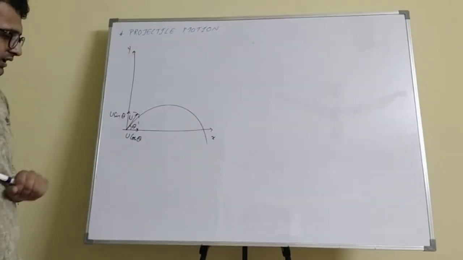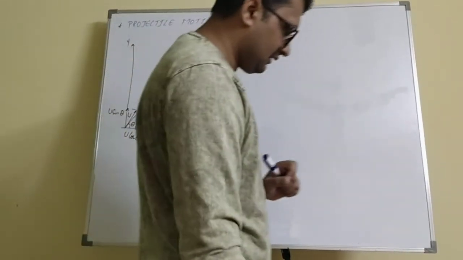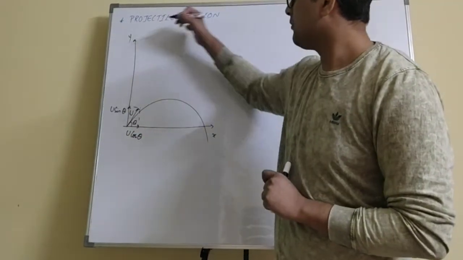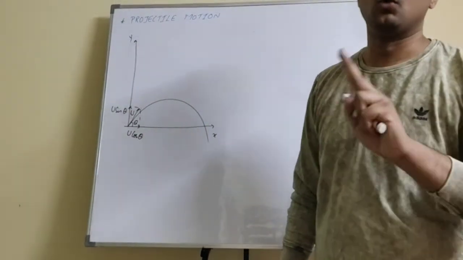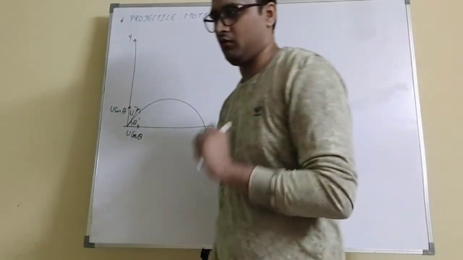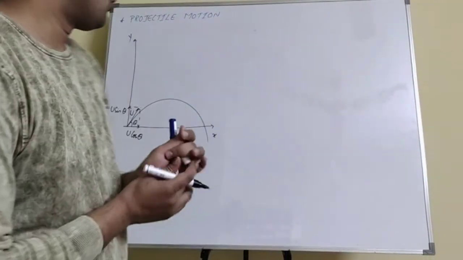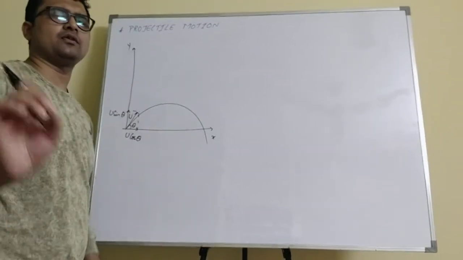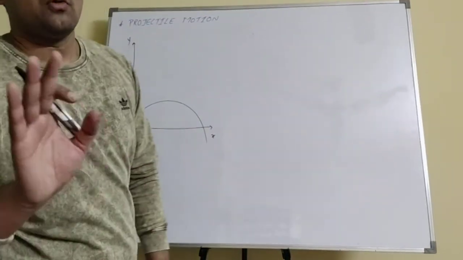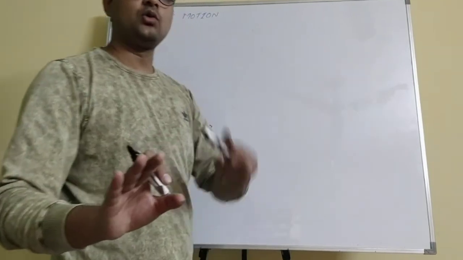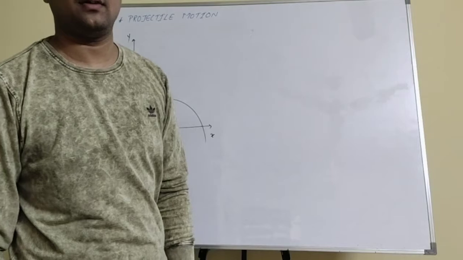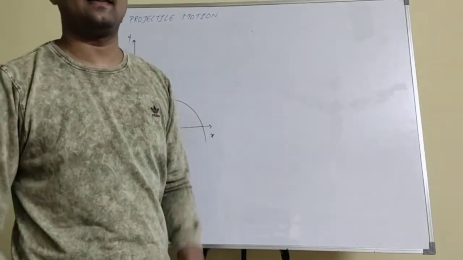Clear? Now we can study motion in 2 dimensions, or projectile motion, by breaking it into 2 components: motion on the x axis and motion on the y axis. Simply put, we will study motion in 2 dimensions as 2 simultaneous motions along 2 different axes.